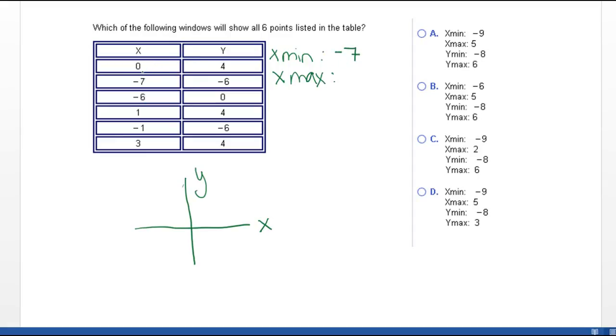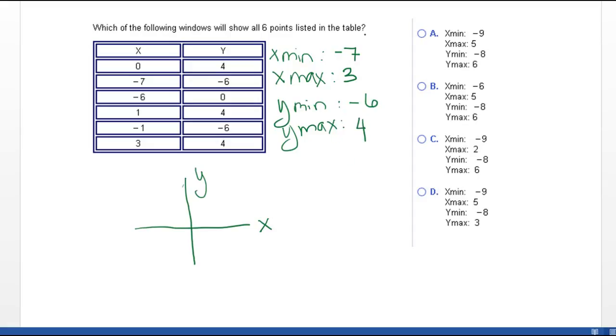The x max, or our largest x value, is going to be 3. And then we're going to do our y min and y max. For the y min, we're going to look in our y column and find the smallest number, which will be -6. And the y max, we're going to look for our largest y value, which will be a +4.